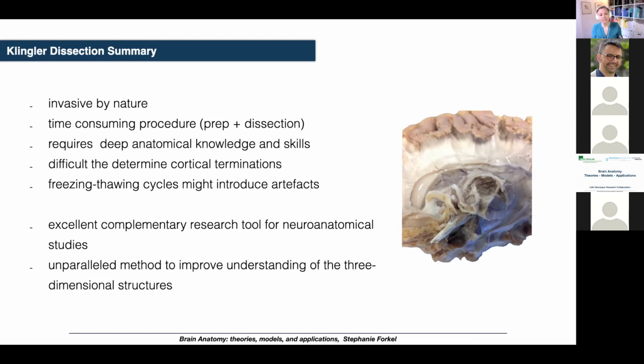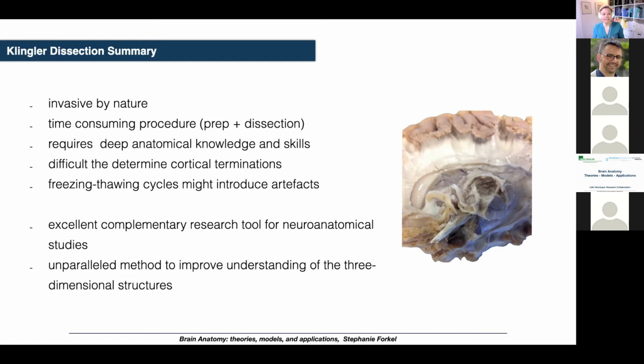The other argument is that with the process of freezing and thawing the brain, you might artificially create artifacts by separating tracts that shouldn't be separated or pushing together others that may not necessarily be together naturally. That is because there is water in the brain, and when you freeze water it turns into ice, and ice needs more space than liquid water. Thereby you might artificially introduce some artifacts.